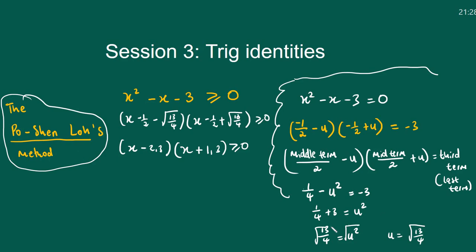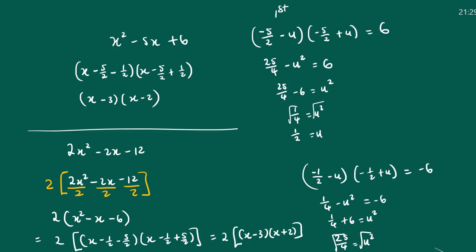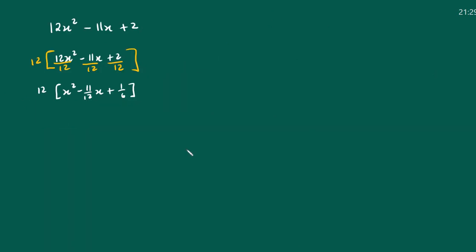Another disclaimer, please: when they give you questions in your exam, and they write in the brackets, like maybe they'll give you negative x squared minus x minus 3 is equal to 0, then they write in brackets 2 decimal places.